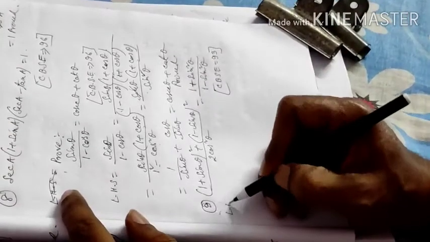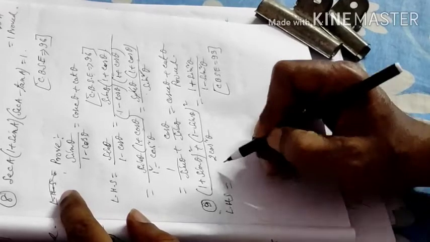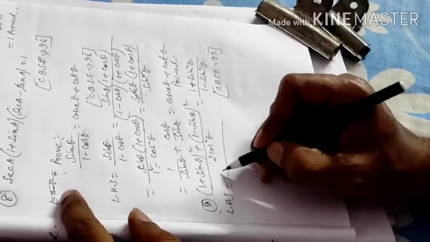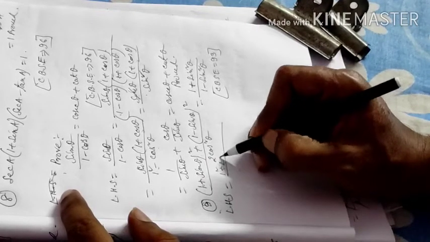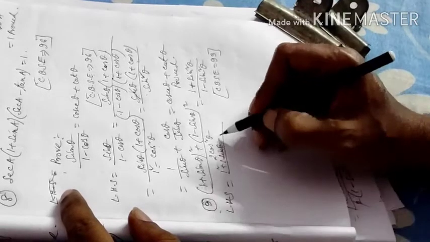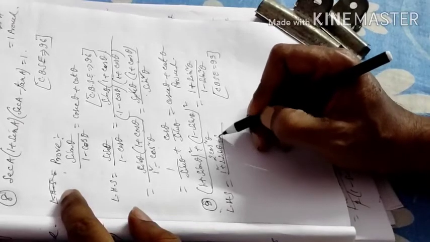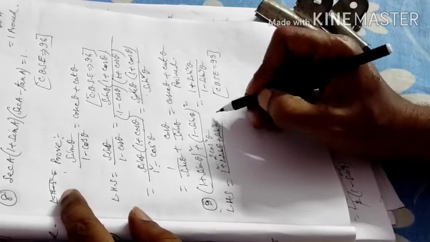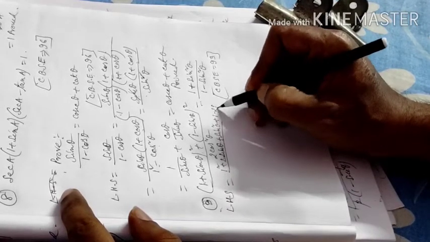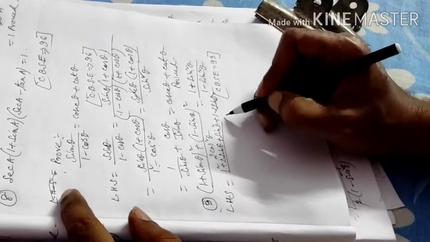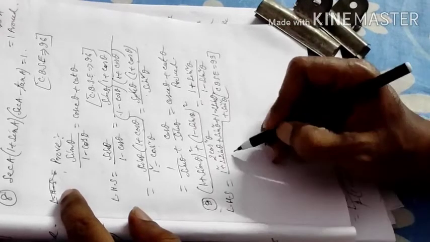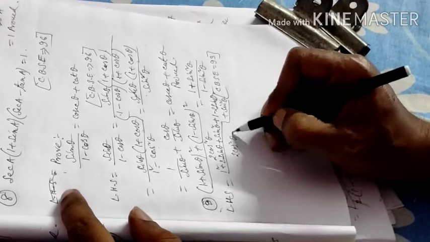So left hand side is equal to what? Is equal to (1 plus sin theta) whole square, that is (a plus b) whole square, a square plus 2ab plus b square. Here a means 1, b means sin theta, so 1 plus 2 sin theta plus sin square theta, plus (1 minus sin theta) whole square, which is 1 minus 2 sin theta plus sin square theta, by 2 cos square theta as usual.